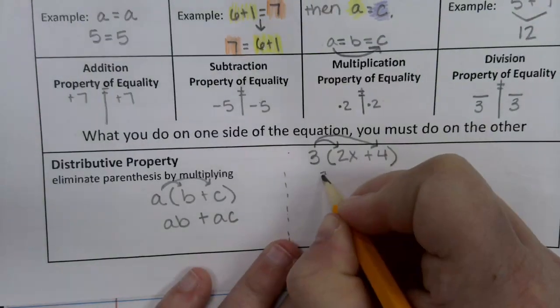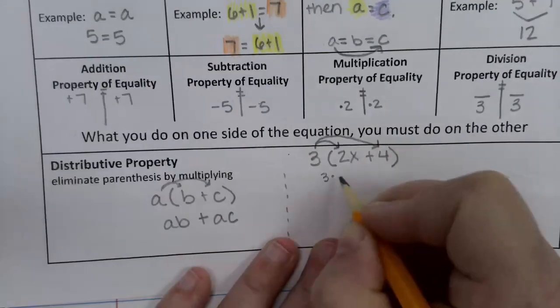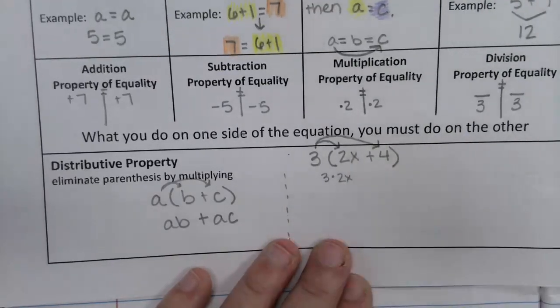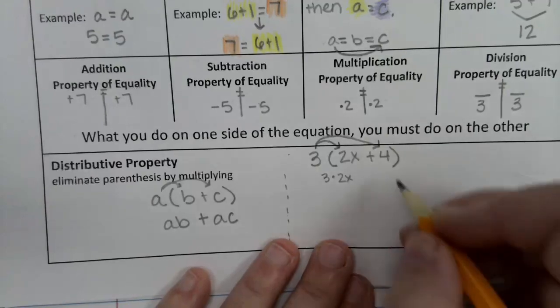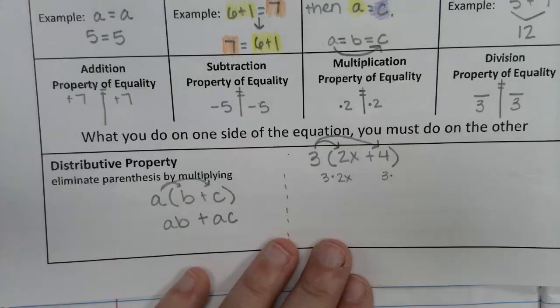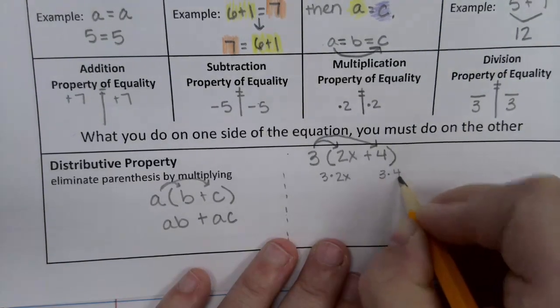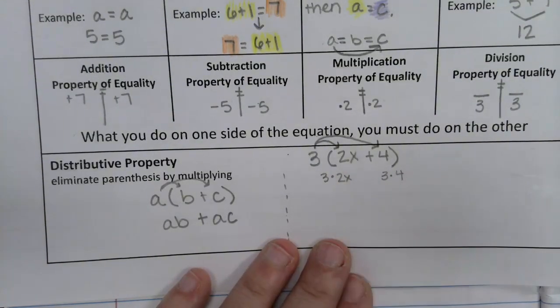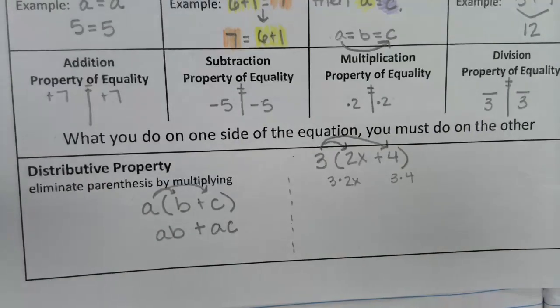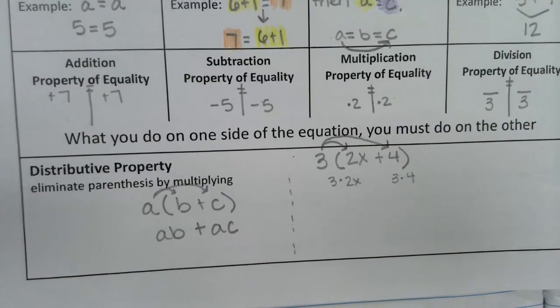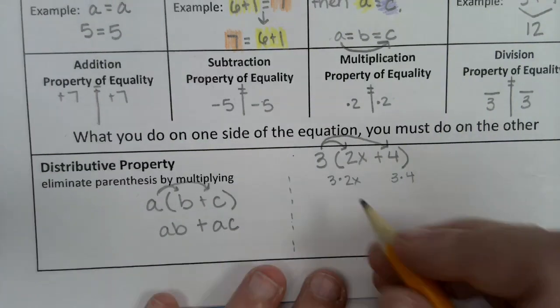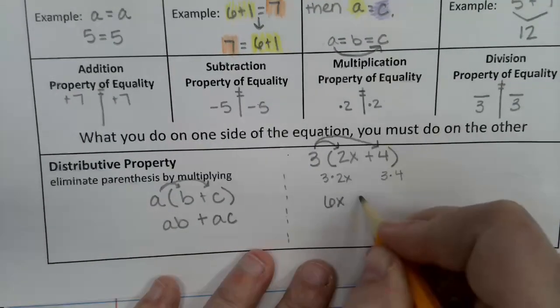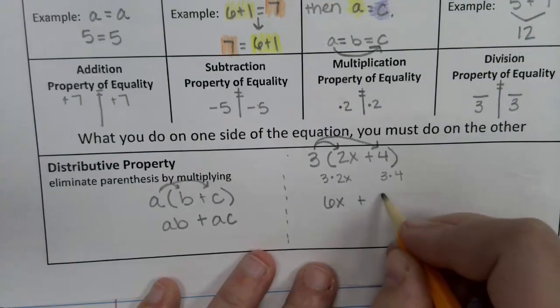We're going to write this as 3 times 2x, and we're going to write it as 3 times 4. That way we know where we're getting our answer from. But again, if you already knew how to do that, you might just write the answer. So what is 3 times 2x? 6x, plus 3 times 4? 12.